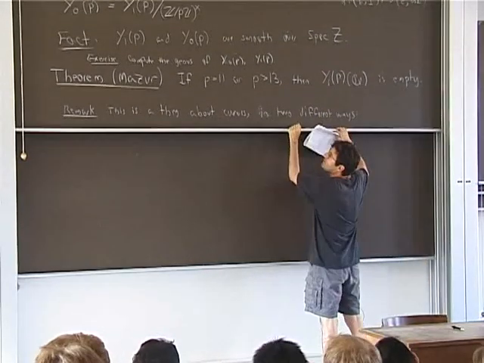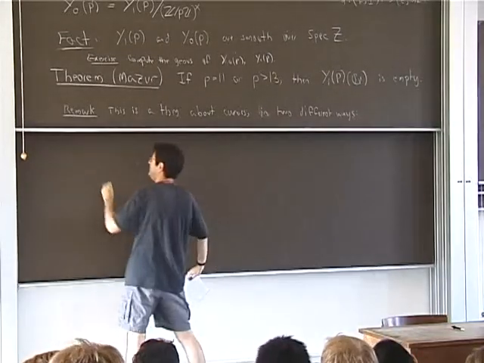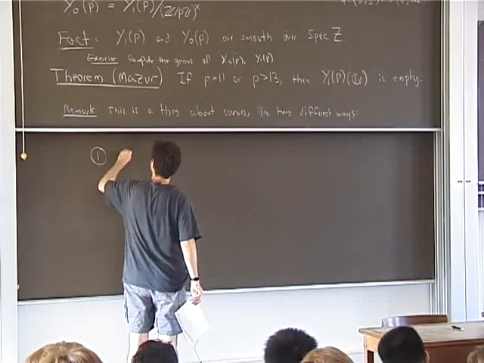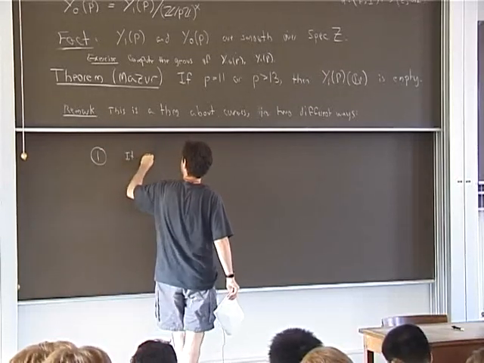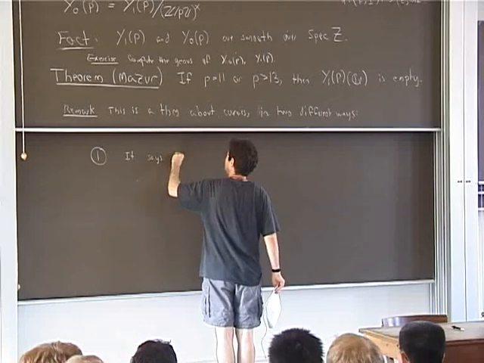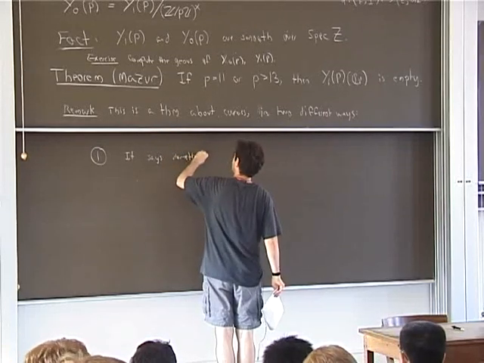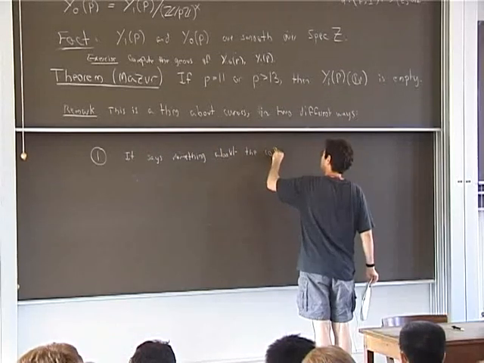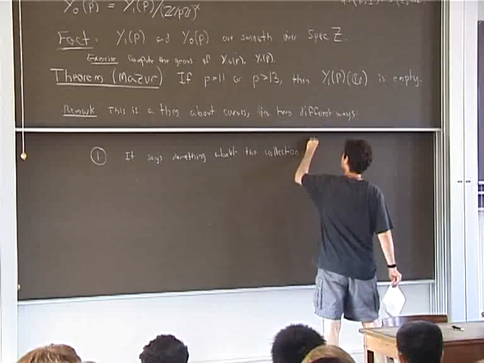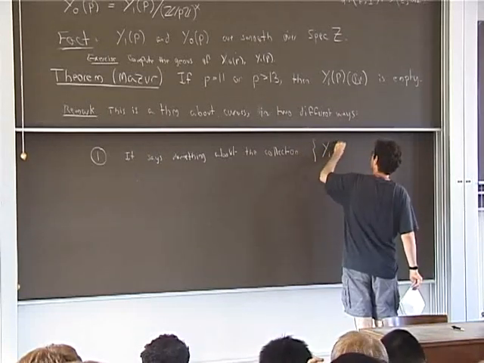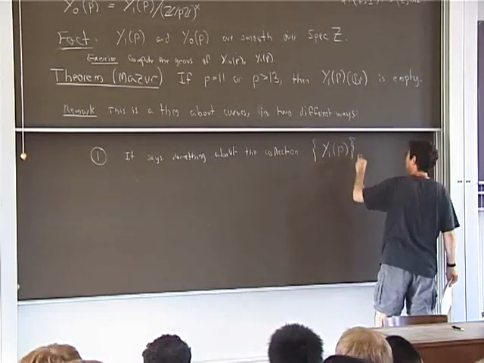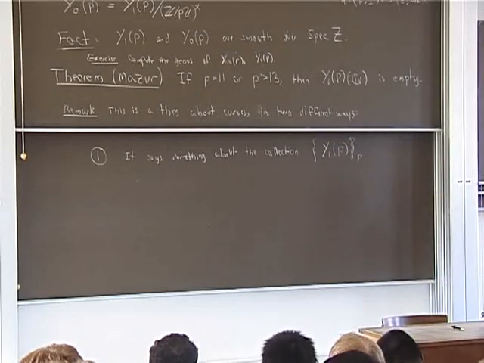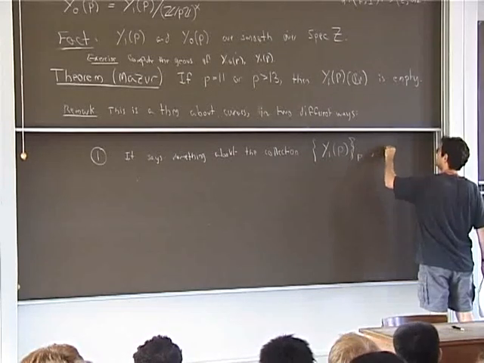So the first way, which is the one that I've been kind of hinting at now, is that it tells you something very precise about the infinite collection of curves y1 of p as p varies, and says that if p is large enough, then this set of rational points is empty. And so these are curves of genus bigger than 1.